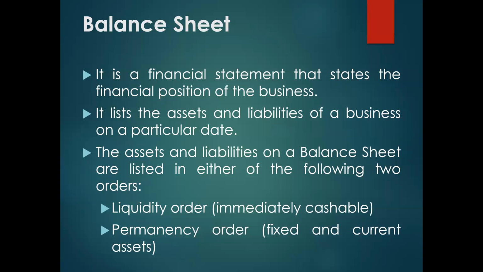In liquidity order, first they will list out all the current assets which can be immediately cashable, so that all these small debts which have remained uncleared for a very long time can be cleared as soon as possible.